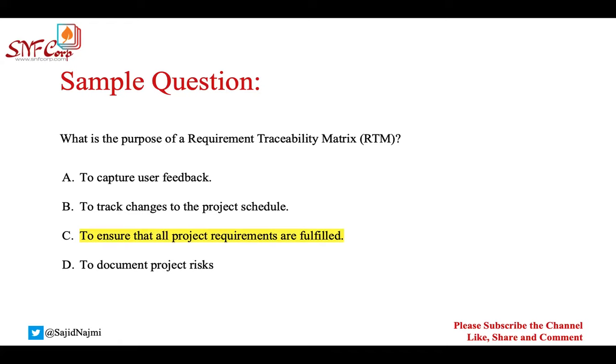Fulfilled as in, what is the ultimate purpose of the requirement? Whatever requirement we're capturing, that has to be delivered or completed. And those tracking things, looking at those details, are the supporting things of fulfilling the requirement. The ultimate goal is to deliver things. And for successful delivery, we would like to have some trace points. So this is the answer. It's actually a tricky question, but don't worry.